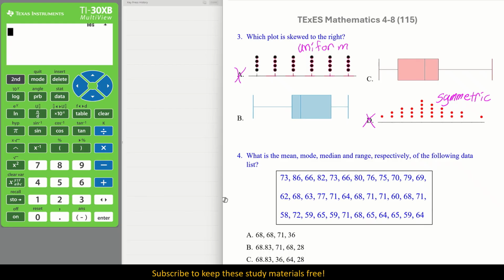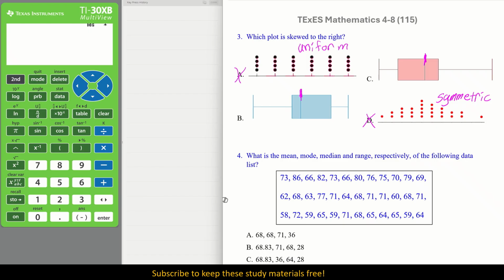Now let's look at B and C. Well, let's look at Q2. We don't have a median. I mean, we have a median here. We don't know the value, but even if we did know the values, this is also Q2 for C. We don't have a mode or a mean.